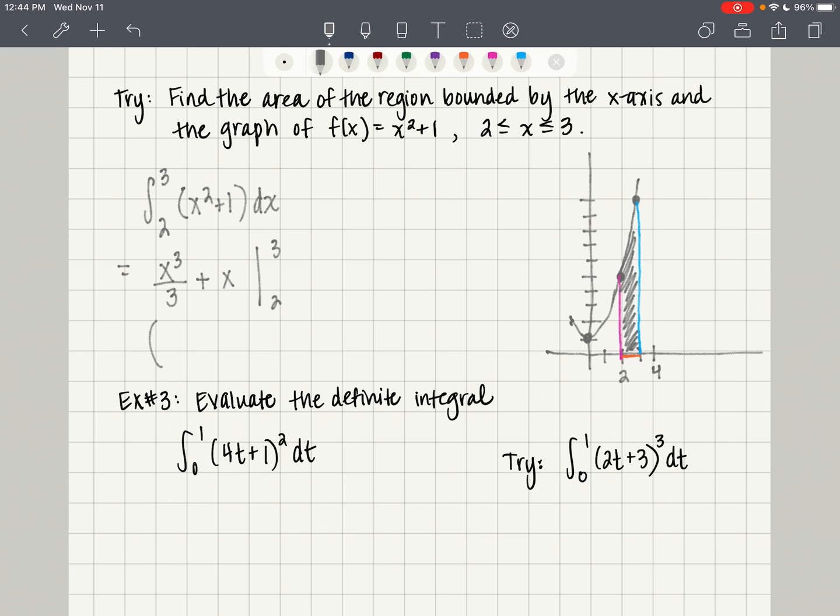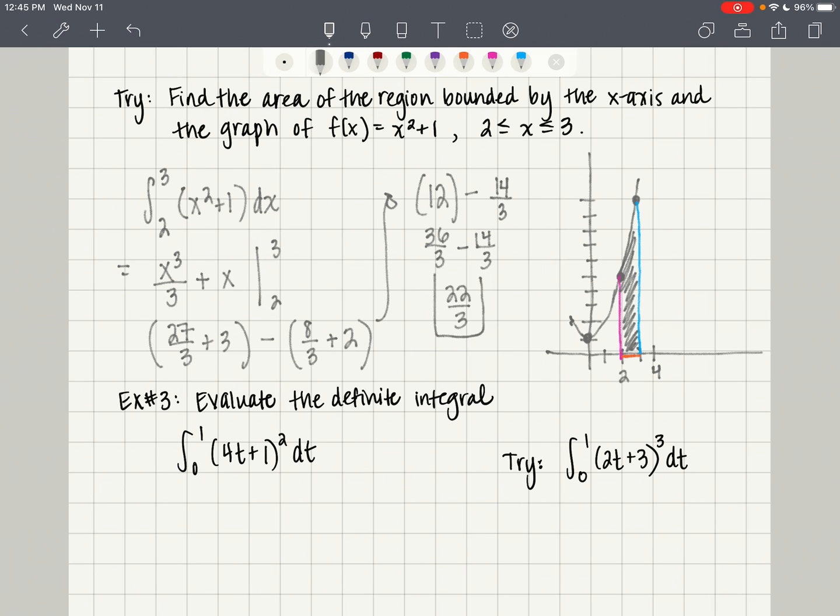So we're going to have 3 cubed, which is 27 over 3 plus 3, minus 2 cubed, which is 8 over 3 plus 2. 9 plus 3 is 12. 8/3 plus 6/3 is 14/3. So we have 36/3 minus 14/3, which is 22/3. This is where fractions are inevitable.